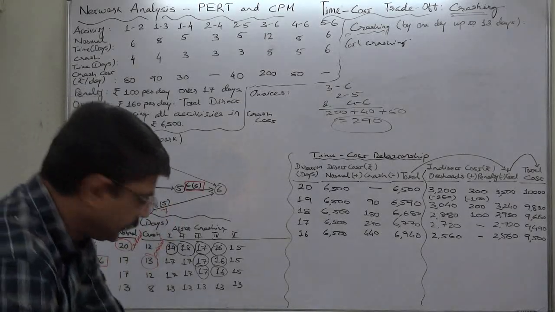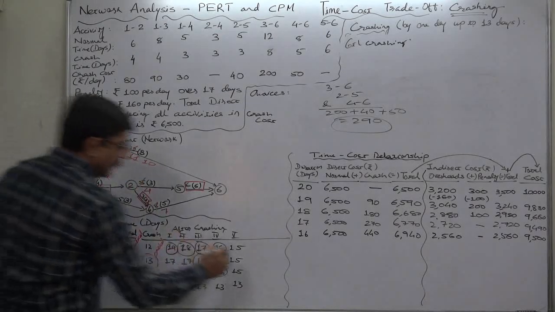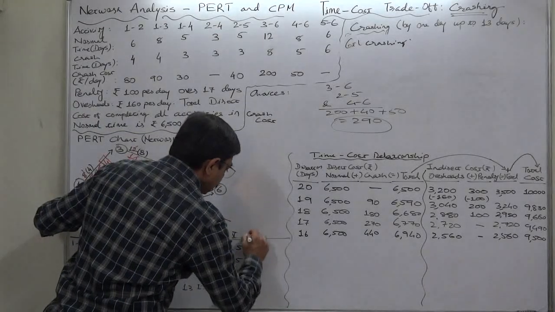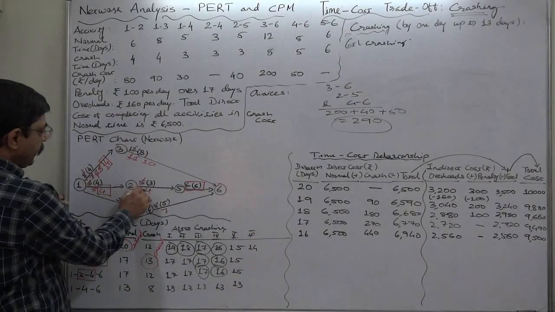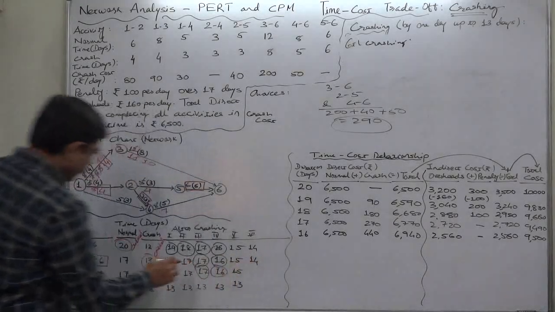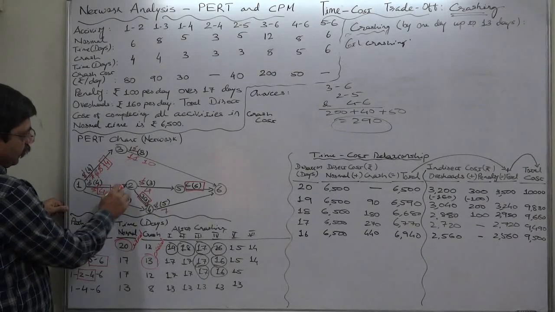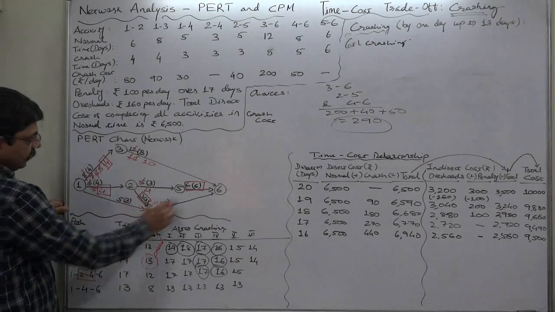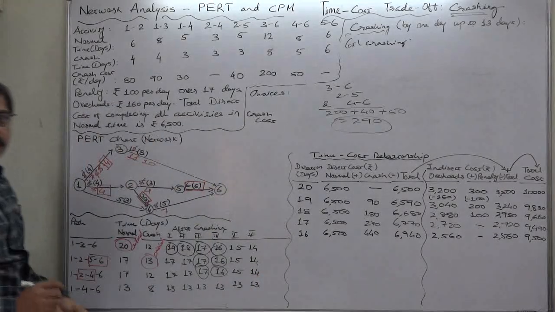As a result of this crashing, this has now 4 plus 10, 14 days after 6th crashing. This has now 4 plus 6, 14 days, and this has also 4 plus 3, 7 plus 7, 14 days, and this remains unchanged.